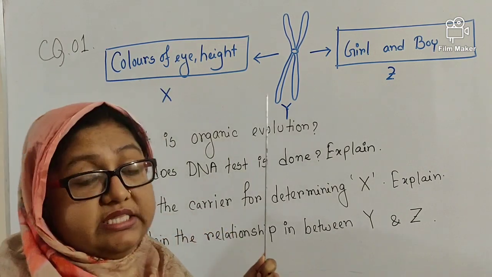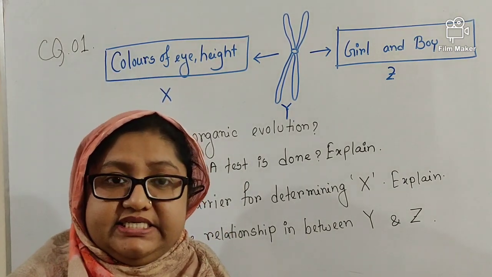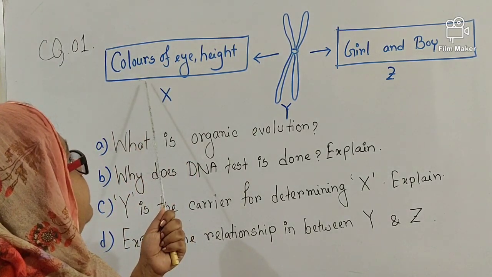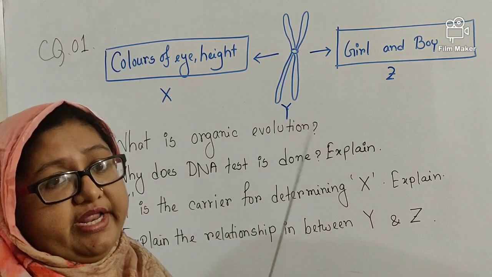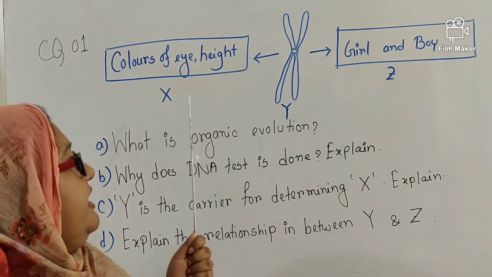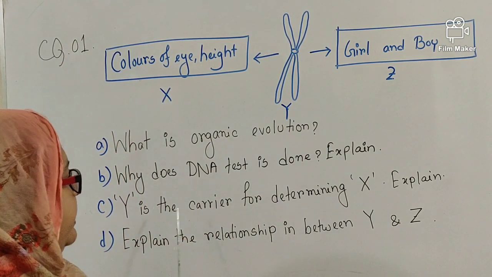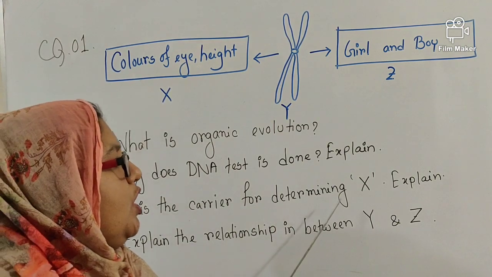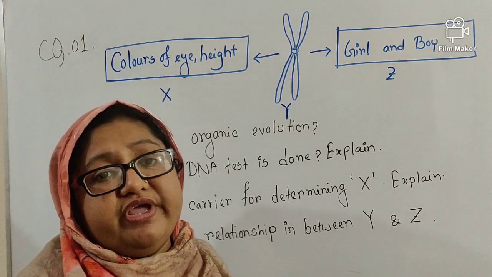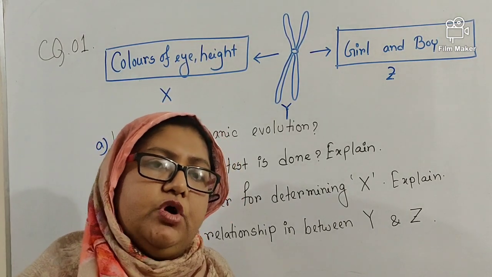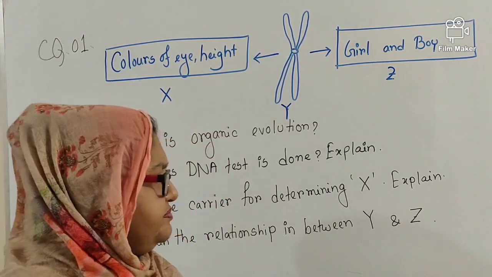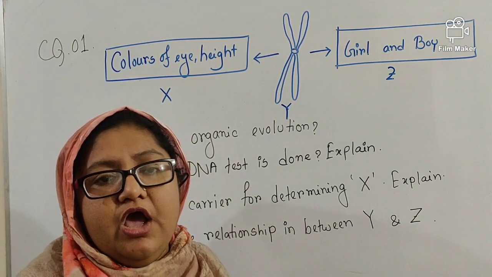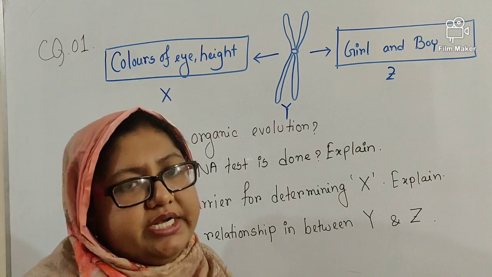Chromosome carries gene, and gene is the controller of expressing these different characteristics of any organism or animal. That is why you can say that Y is the carrier. You can write this answer more elaborately according to your textbook.